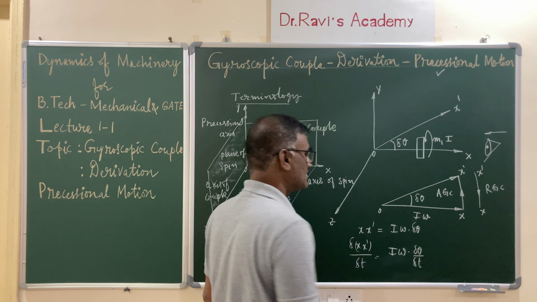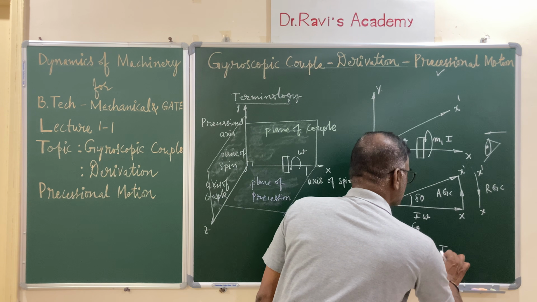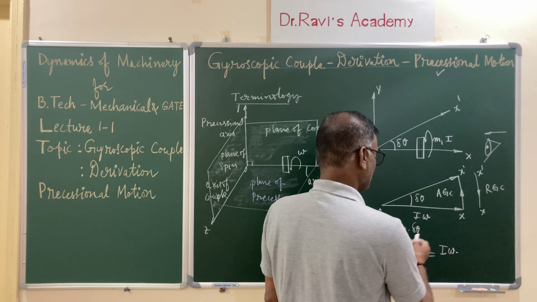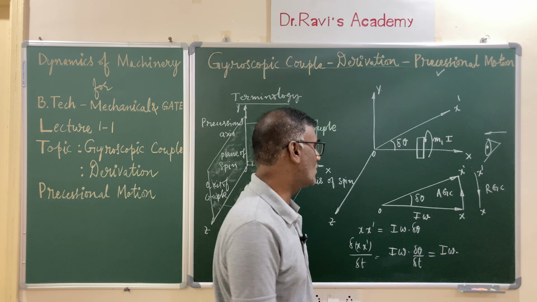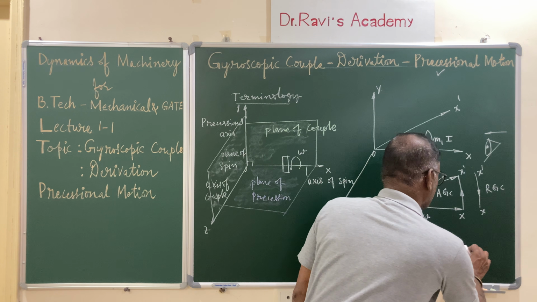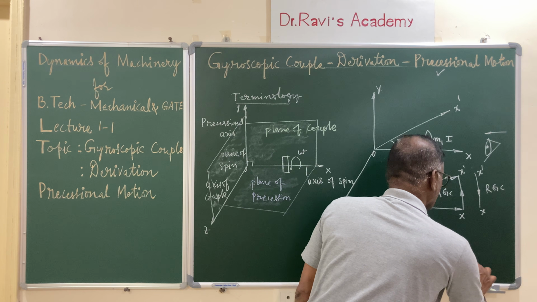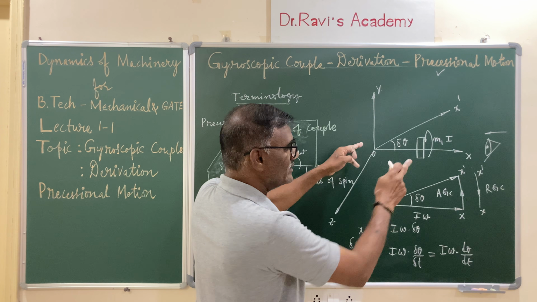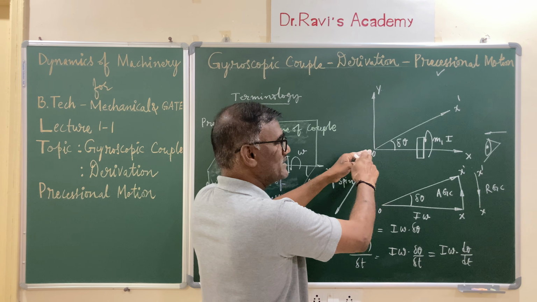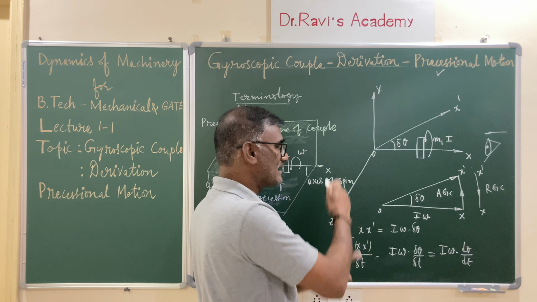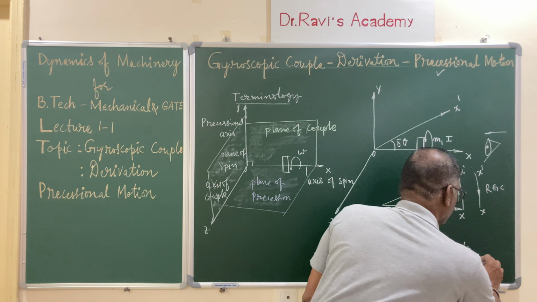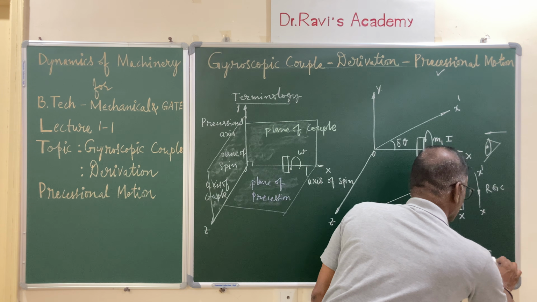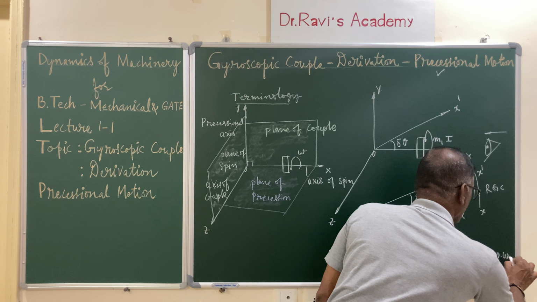If you apply the limiting conditions, when delta t tends to 0, this becomes the instantaneous value d theta by dt. This is nothing but, observe carefully, the rotation speed of the OX axis. It's moving at an angular velocity, and that velocity we call the precessional velocity, so I omega into omega p.